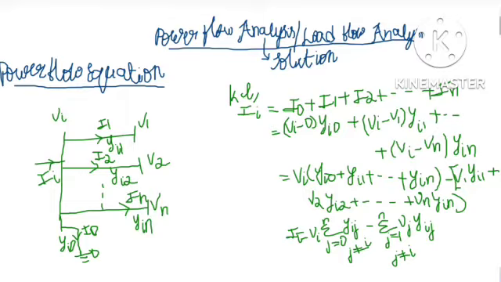Now, if you see this, since it is a summation, I can write it as Vi into the summation over j equal to 0 to n of Yij.